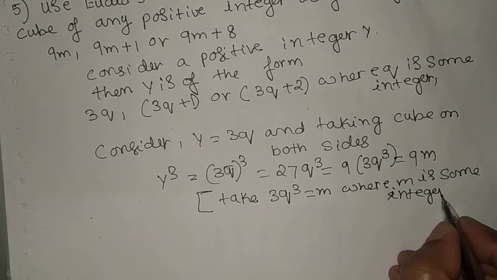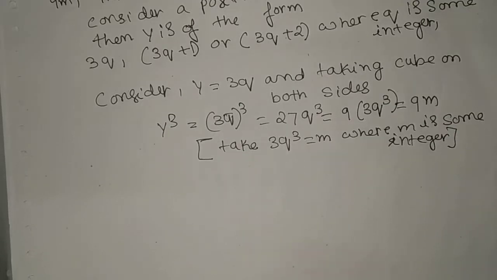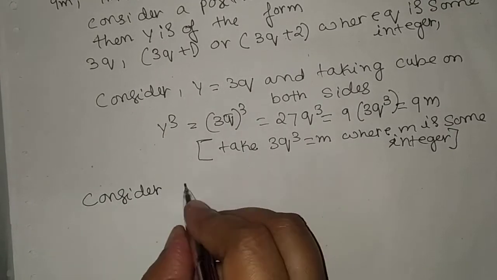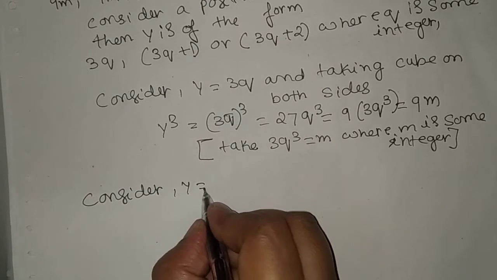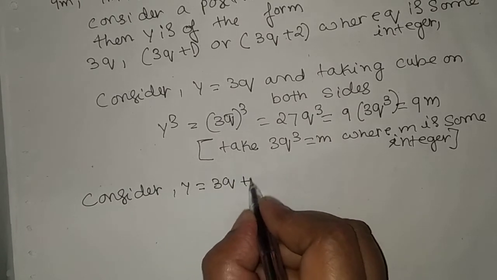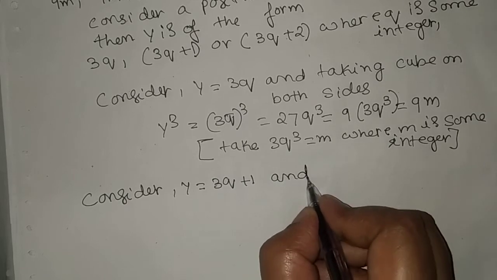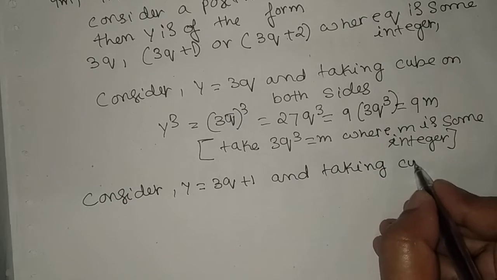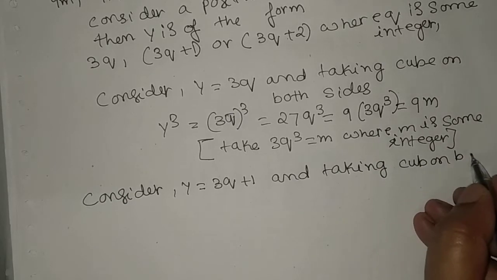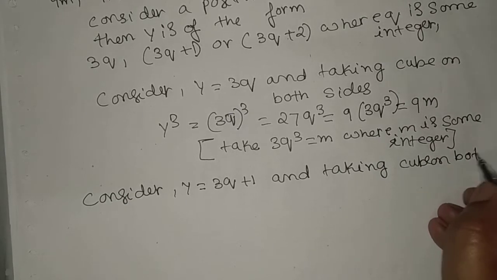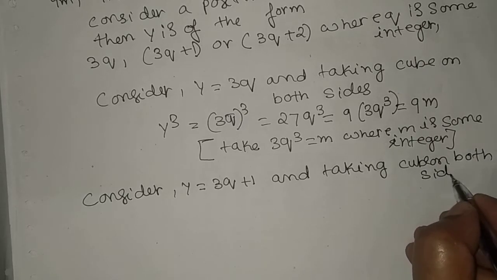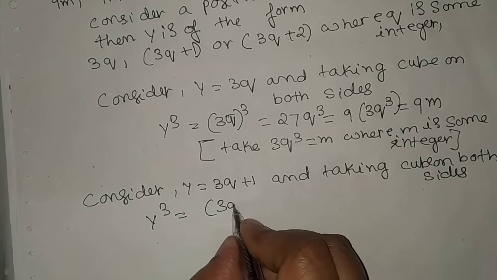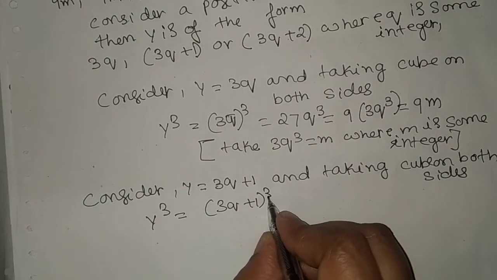So after this, next step is consider y is equal to 3q plus 1 and taking cube on both sides. Therefore y cube is equal to 3q plus 1 the whole cube.